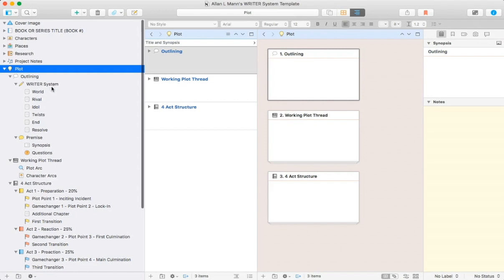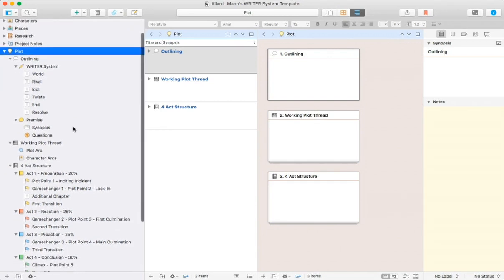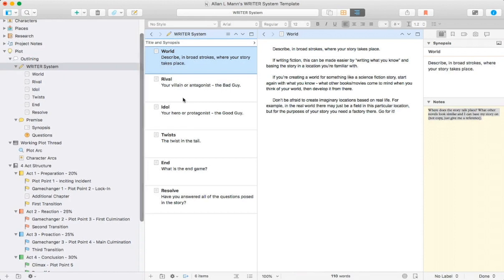Well, what is the writer system? What does that mean? Well, writer, W-R-I-T-E-R. The first is world. So the world, where? Where does your story take place? Where do your characters live? What are all the environmental considerations?